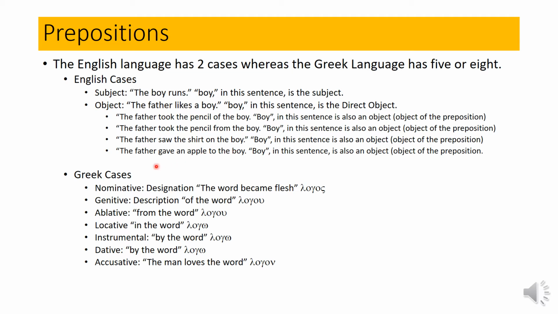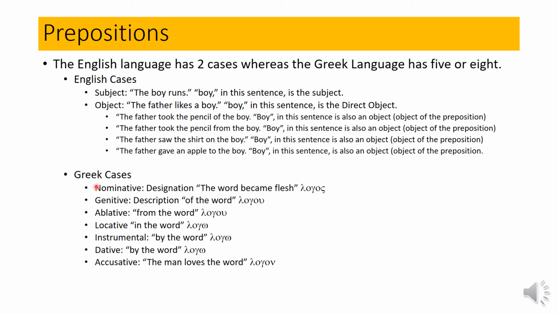Now we can see that more if we compare it to the Greek cases as we've already been studying. The Greek cases, nominative, genitive, ablative, locative, instrumental, dative, accusative. The Greek cases are here. So 1, 2, 3, 4, 5, 6, 7, and the vocative would be the 8th.